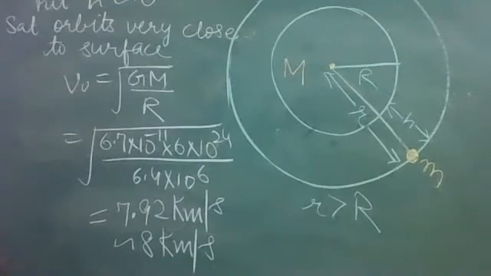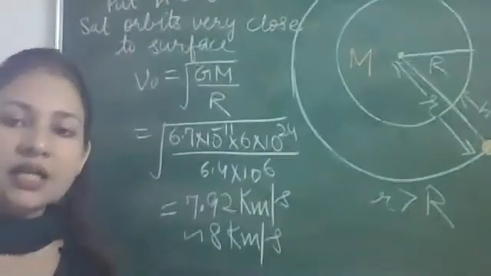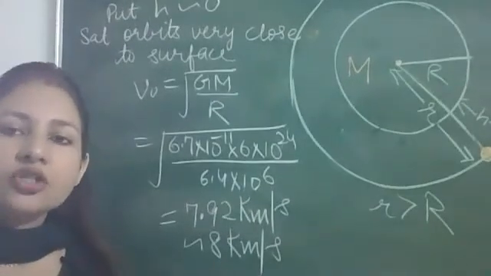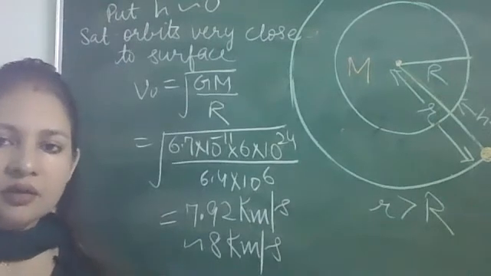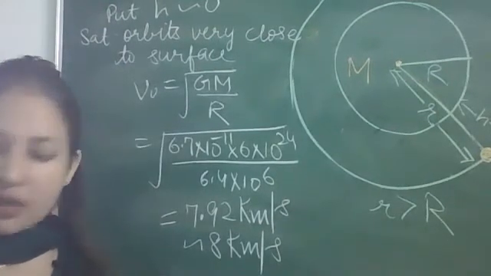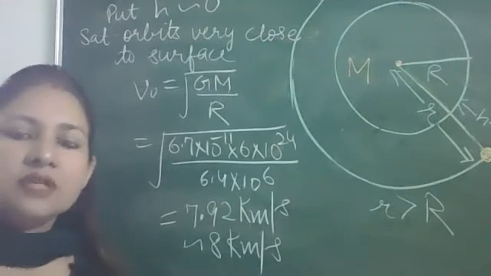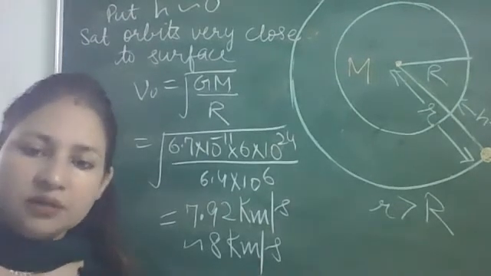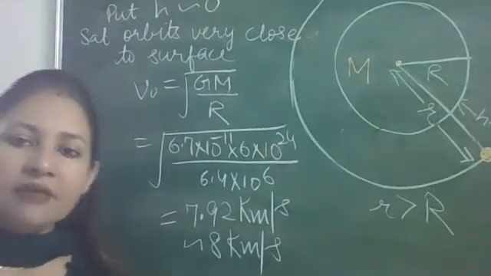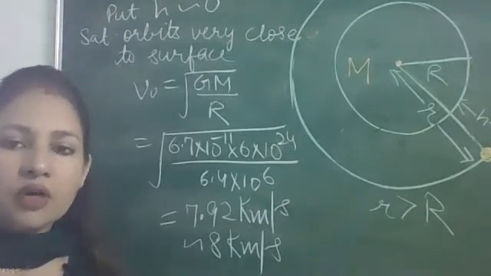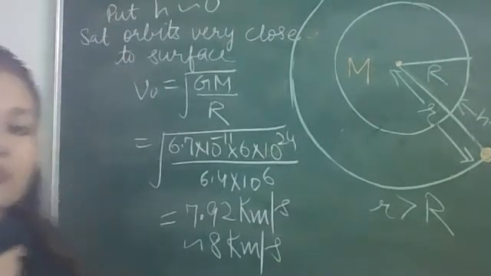To achieve this velocity, how are satellites launched? They are launched with the help of rockets, or a series of rockets are used one after the other if the satellite is carrying heavy payload, to provide it such a velocity.